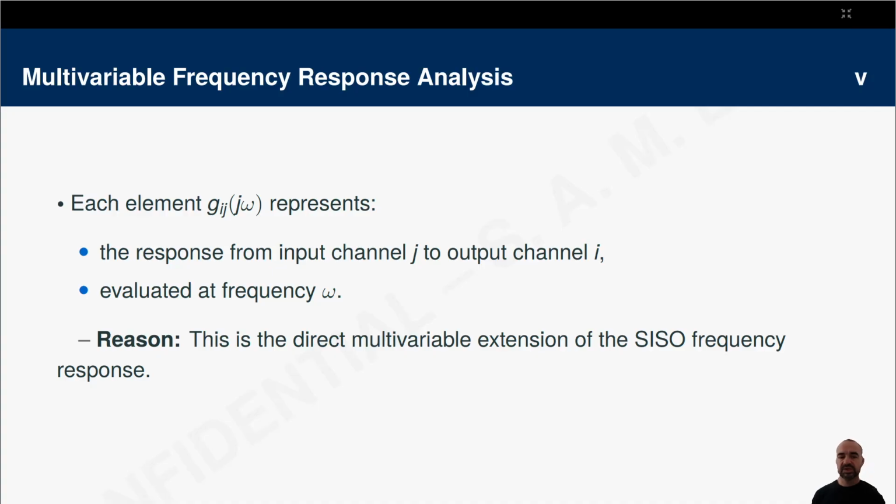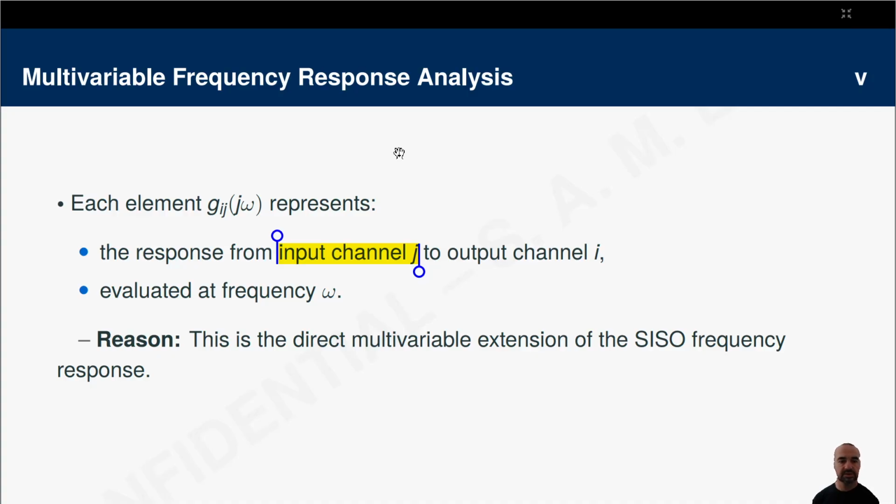All right, so each element of that capital G matrix at jω represents the response from input channel j to output channel i.